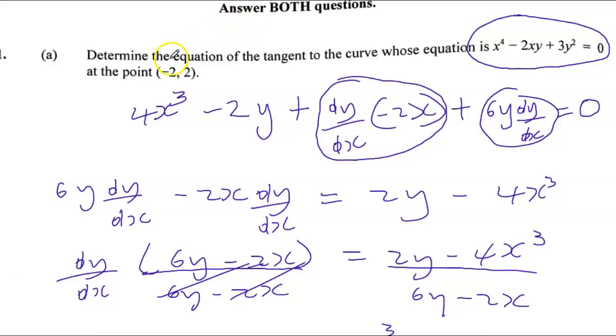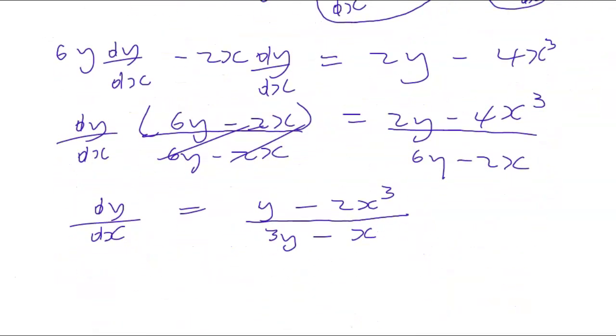Alright, so it passes through the point minus 2, 2. So here x is negative 2 and y is 2. So we substitute these values into dy by dx. So we substitute x is negative 2 and y is positive 2.